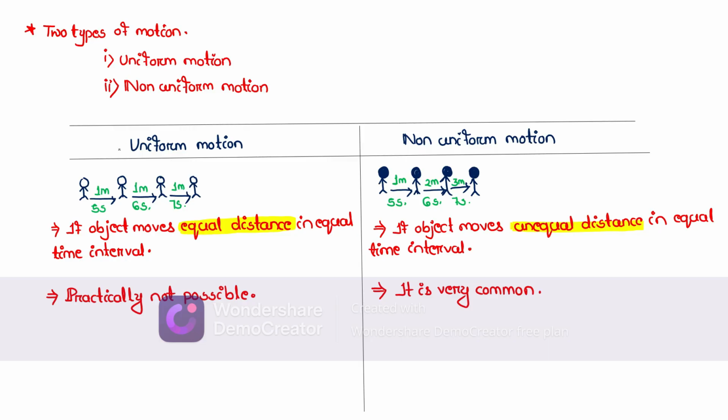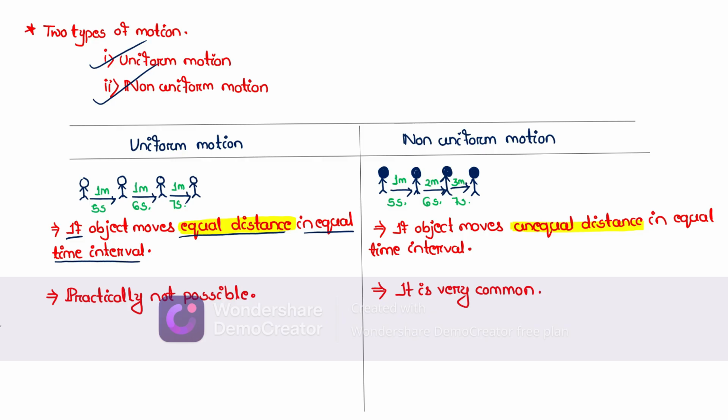Again, motion is of two types. One is uniform motion, another is non-uniform motion. Let's see what uniform motion is. The definition of uniform motion is if an object moves equal distance in equal time intervals, then that is called uniform motion.